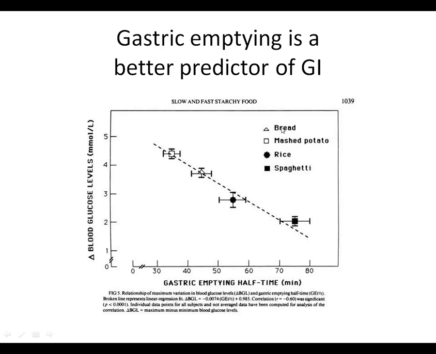If you take these foods, bread, mashed potatoes, rice, and spaghetti, and plot them on the graph, measuring gastric emptying half time and the height of that blood glucose spike, you can see that these foods pretty much fall on a straight line. So what that shows you is that the reason that the glycemic index may be high or low has more to do with how long it takes for the food to leave the stomach than it does with its digestion.